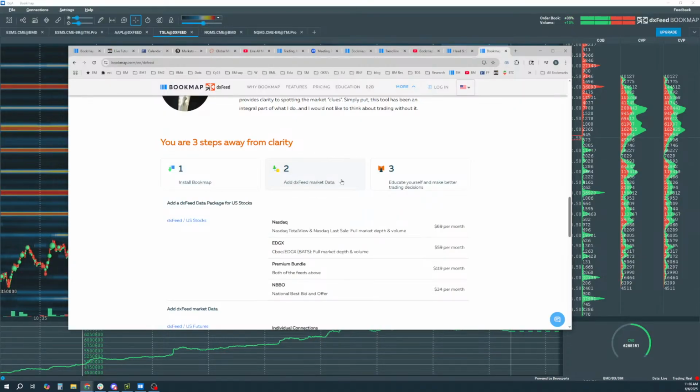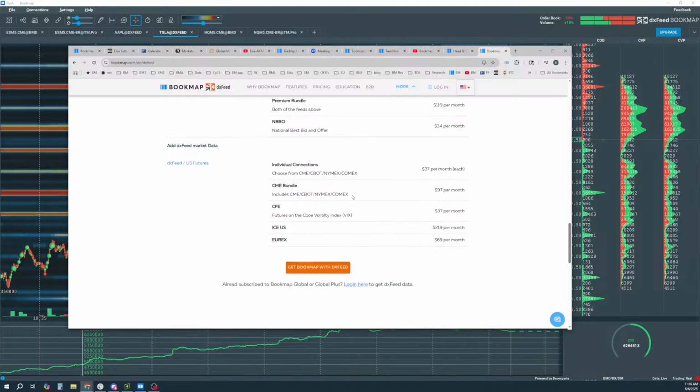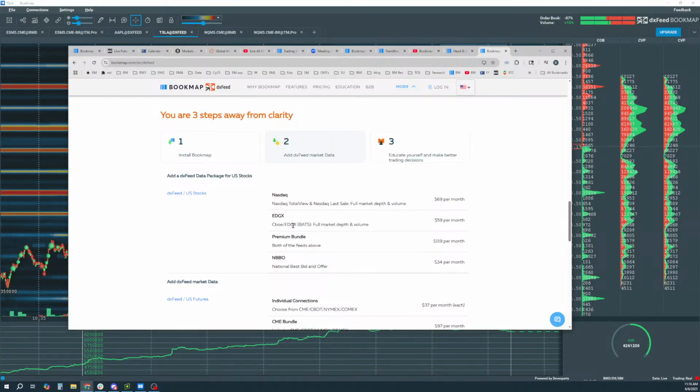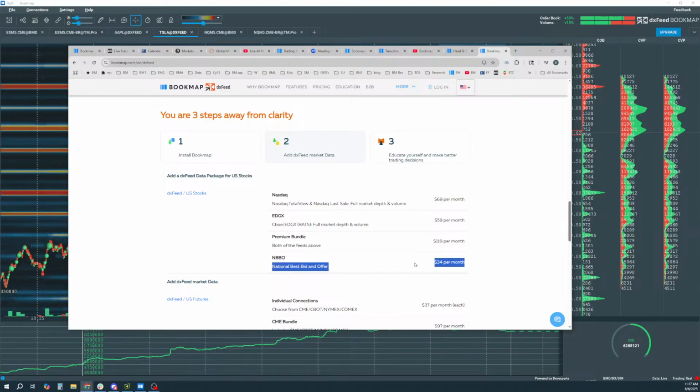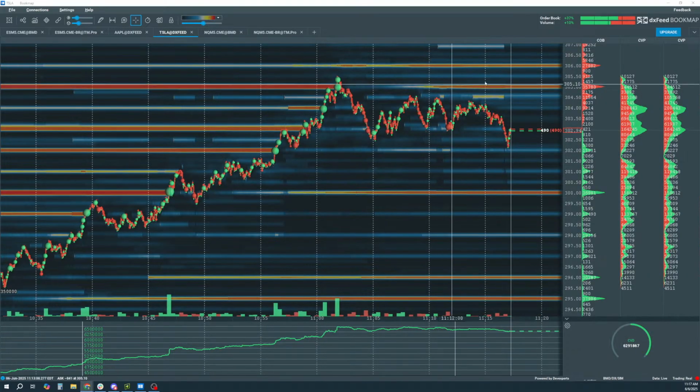Then secondly, you need to choose your data here. You can also get futures data from DXFeed. Yeah, NASDAQ, EDGX, the premium bundle, so that's both of them. And then the NBBO, $34 a month. That's how much it is, and you will need that. It's required for over the counter or your dark pool.